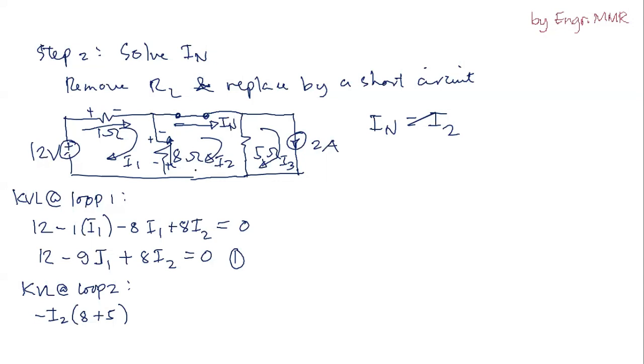And I1 is opposing the direction of I2. So we have plus 8 I1. And also in the 5 ohm resistor, there is another loop current passing through aside from I2, and that is I3. And I3 is opposing the direction of I2. So you have plus 5 I3 equals 0.